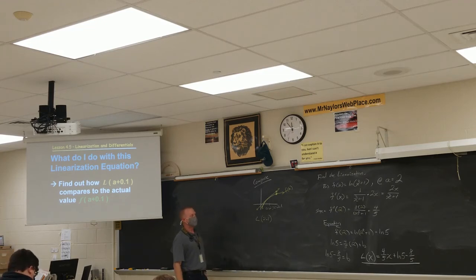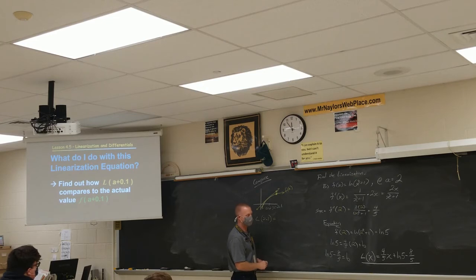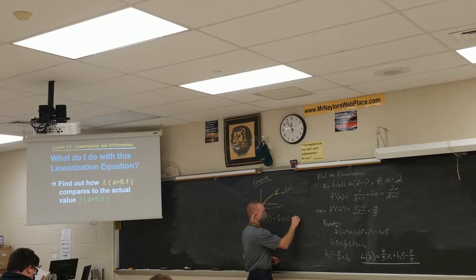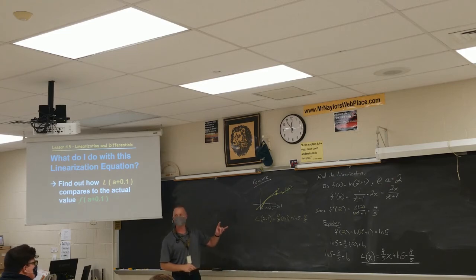Make sure you're not getting too bogged down with the notation. The notation just means plug in 2.1. Now, you're going to plug in 2.1 to the L equation, that 4/5 x thing that we got, and we also have all that ln of 5 minus 8/5. When you plug in 2.1, you get a y value.